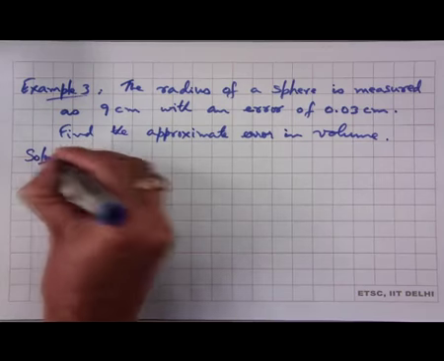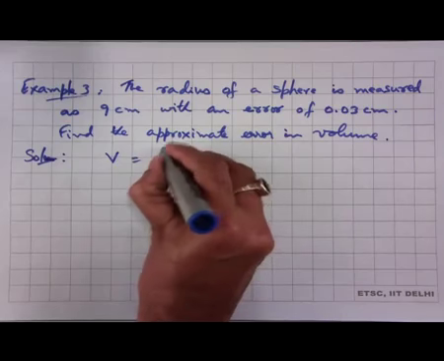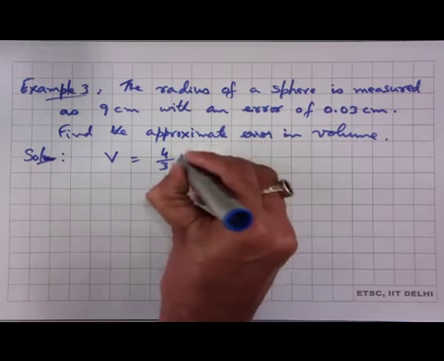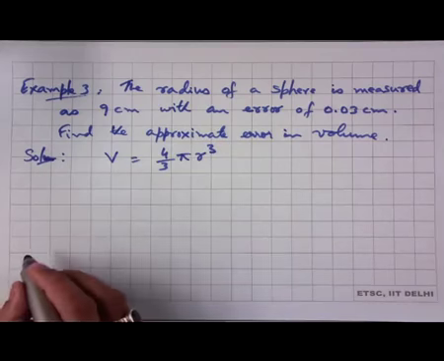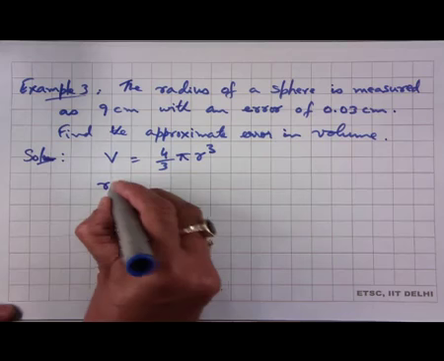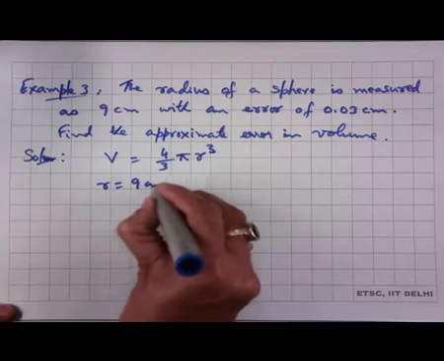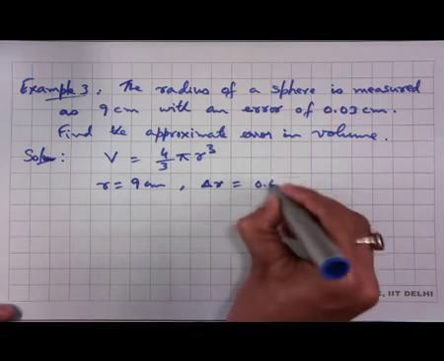So, we have a sphere, the volume of the sphere is given by 4 by 3 pi r cubed. What we are given is r is equal to 9 centimeter, delta r is 0.03 centimeter.